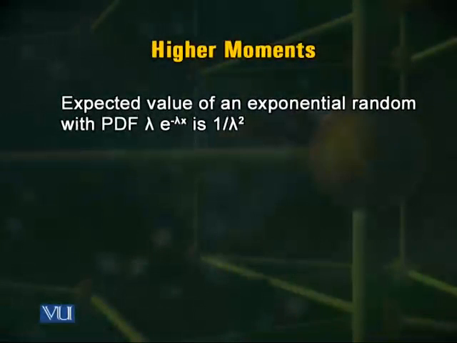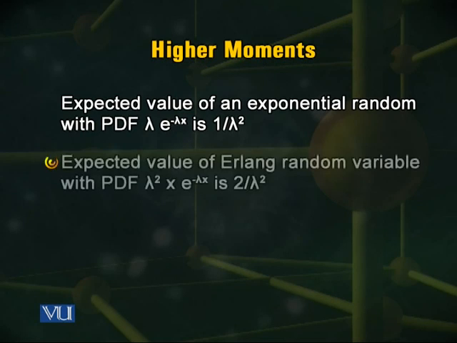If you do what is required, at the end of integration you will get that the variance of an exponentially distributed random variable is 1 over lambda squared. So if the starting PDF is lambda e raised to power minus lambda x, then the variance of this random variable is 1 over lambda squared.